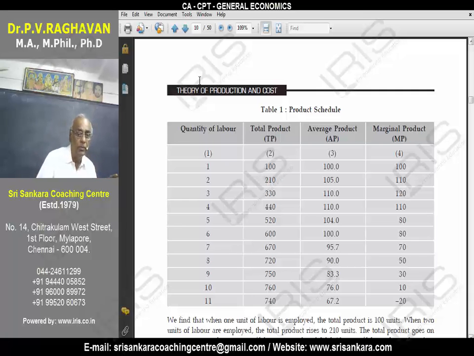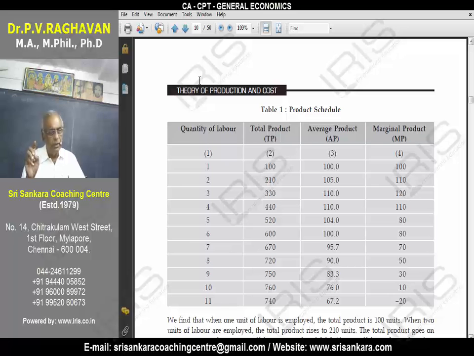This is a problem in all countries. Some countries have labor, some have capital, some have more managers. It all depends. That is why, in the short period, a producer finds it convenient to increase only one factor and keep other factors constant. That's the meaning.